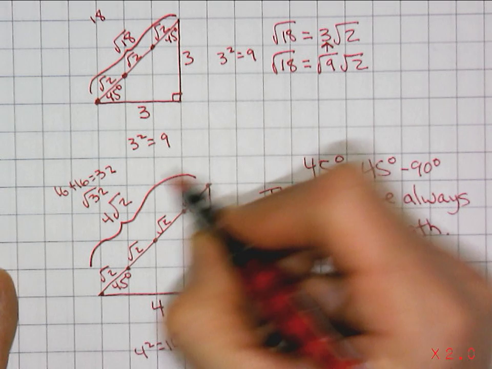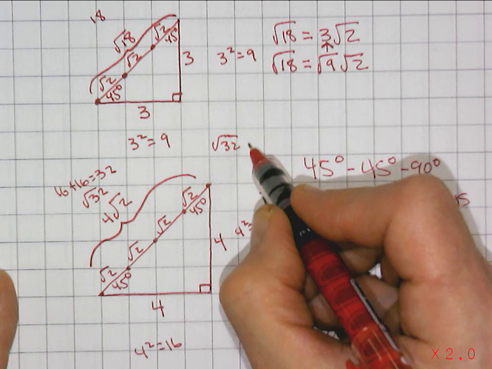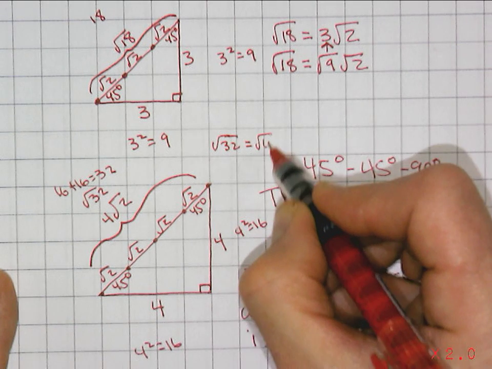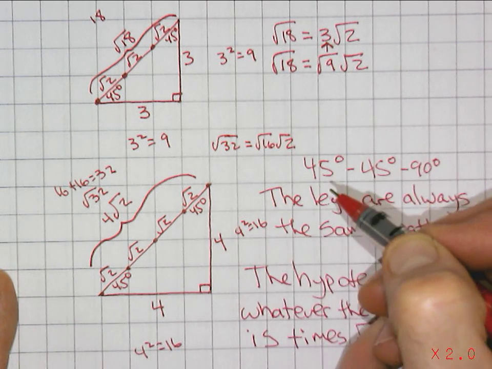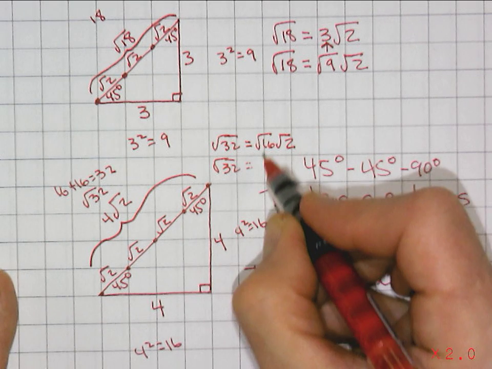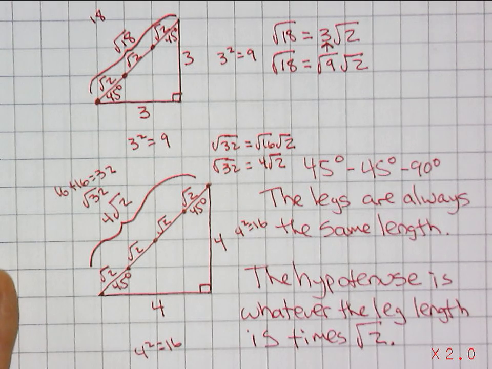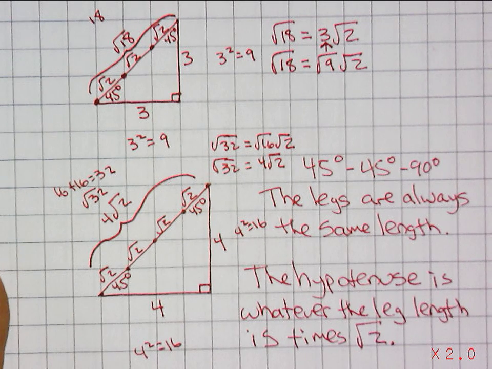But the square root of 32 could have been simplified to the square root of 16 times the square root of 2, which is still the same as 4 square root of 2, because the square root of 16 is 4. And that's how we use 45, 45, 90 triangles. And really useful because we only really need one side of the 3 to figure out the other 2 if we know it's a 45, 45, 90 triangle.